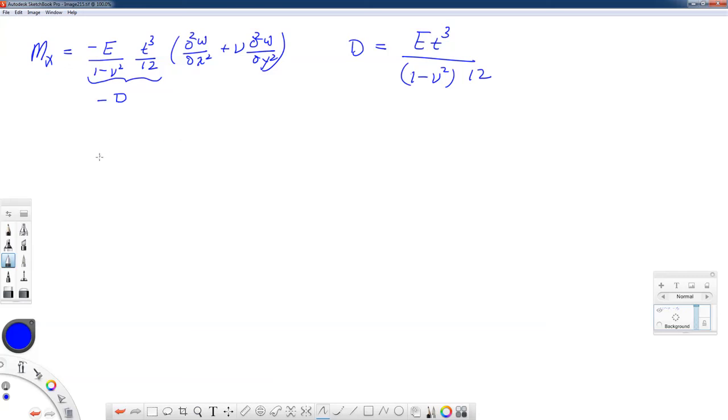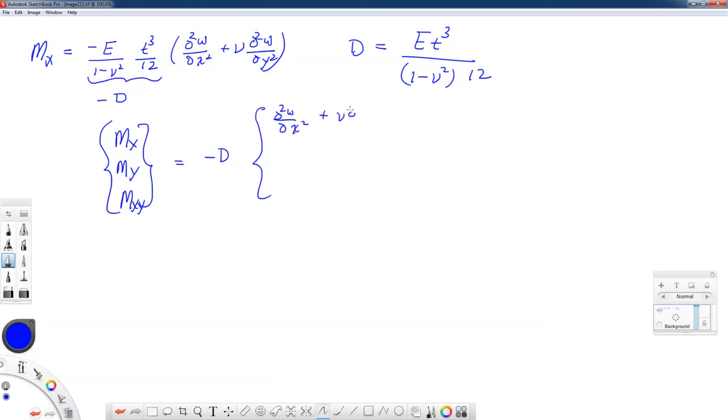Right, so when we do all of this, then we can write these moment per length terms in terms of this rigidity, the second partial derivatives, and Poisson's ratio.